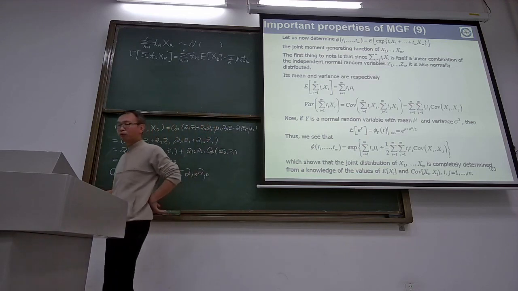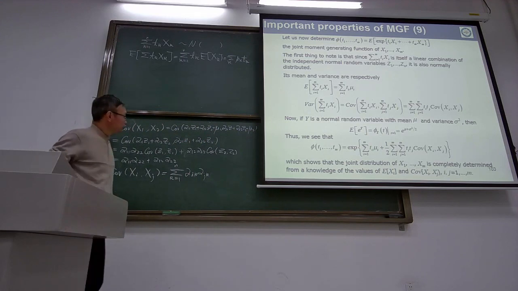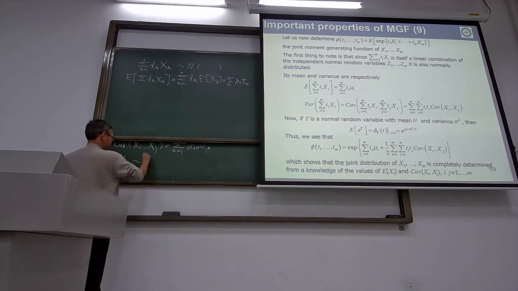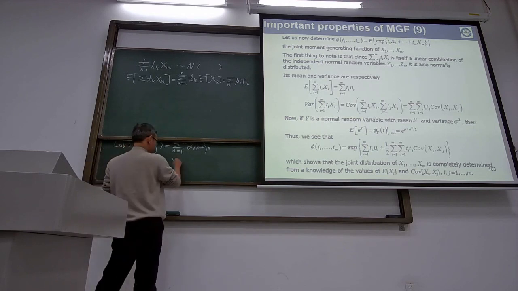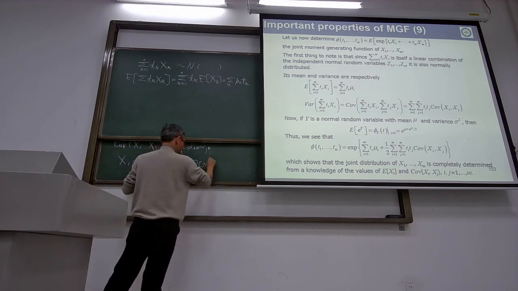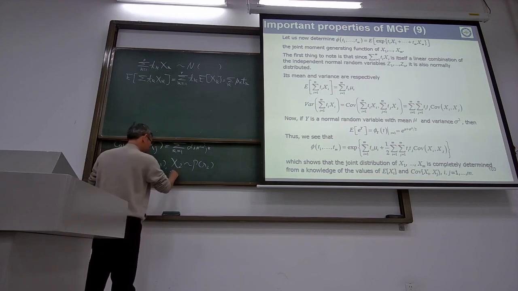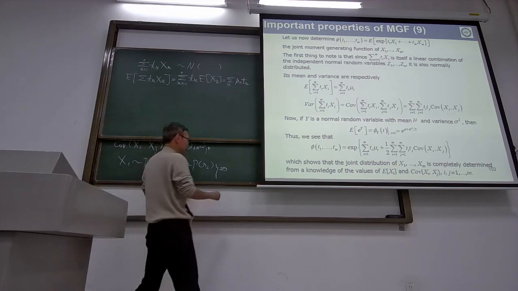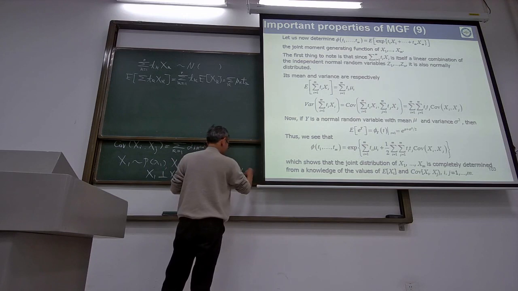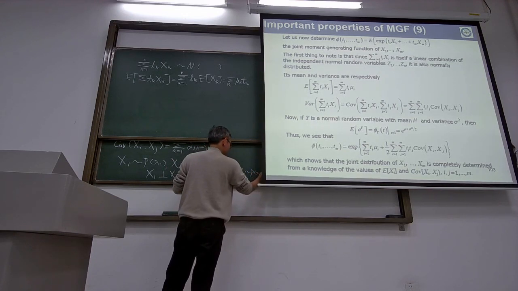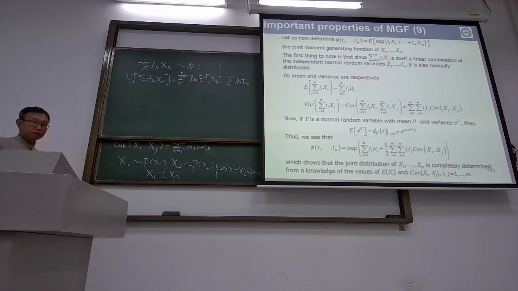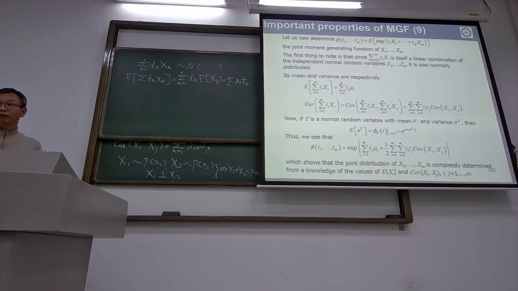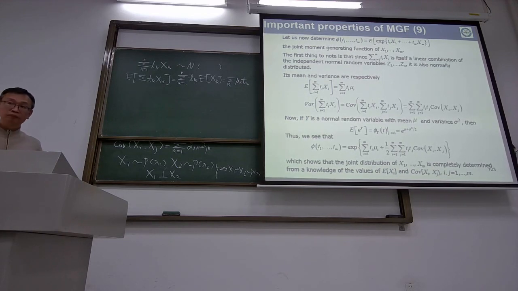Okay, and in a lot of proofs, for example, if x1 follows Poisson lambda 1 and x2 follows Poisson lambda 2 and x1 and x2 are independent, using the moment generating function, it is very easy to prove that x1 plus x2 also follows Poisson with parameter lambda 1 plus lambda 2. Okay? In such a case, using the moment generating function is very easy. Okay, can you follow me? Okay.